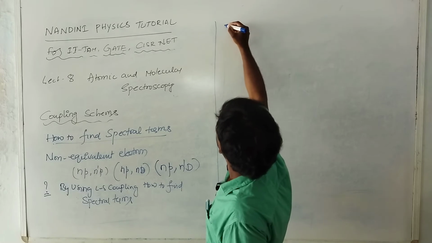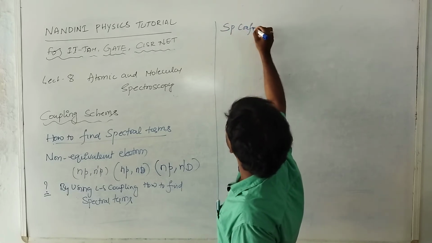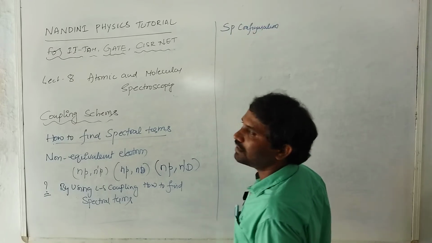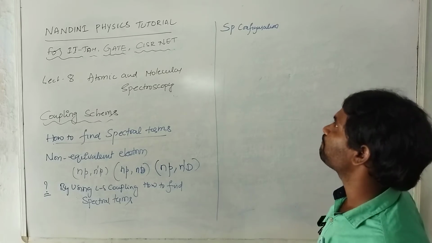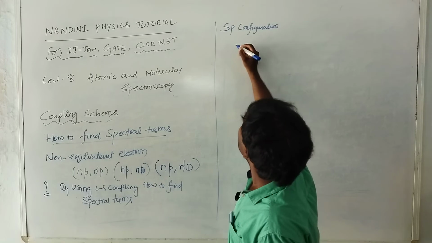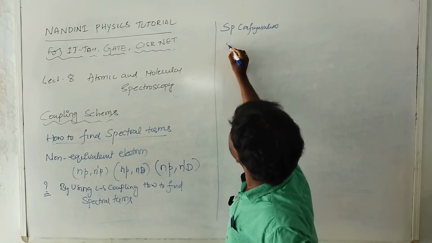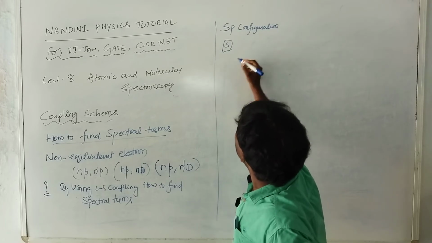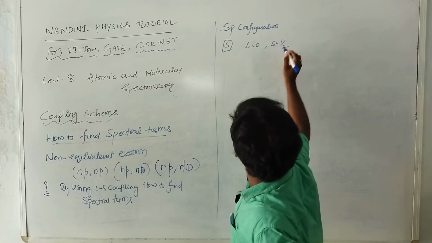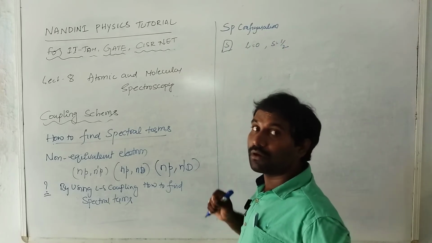Take the sp configuration. S is one spectral term and P is another; S represents one state and P represents one state. First consider the S state: the L value is 0 and the S value is half. Spin is always one half, and L is the orbital quantum number.